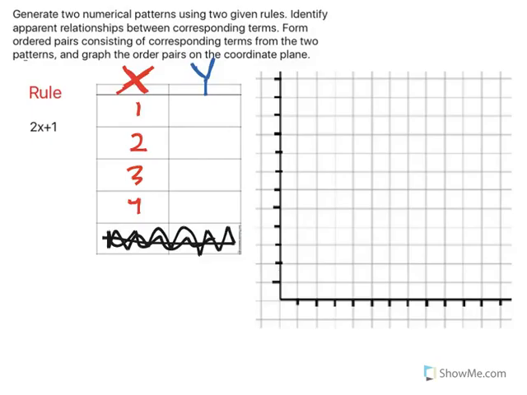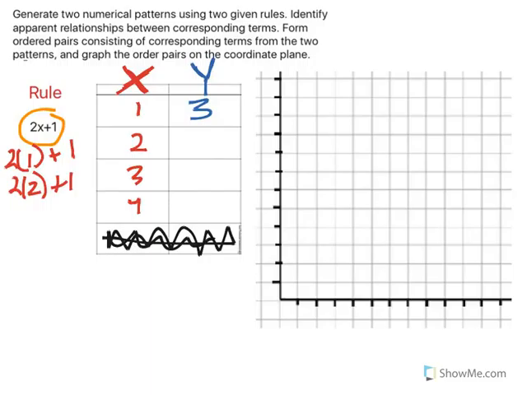Hopefully we were all able to get an answer. Let's go ahead and do this together. I already had written in the x coordinates we're going to be using. We have a new rule right here, which is 2x plus 1. So when x equals 1, it's 2 times 1 plus 1, which is 2 plus 1, which is 3. So our y-coordinate is 3. Then we have x equals 2, so it's 2 times 2 plus 1, which is 5.